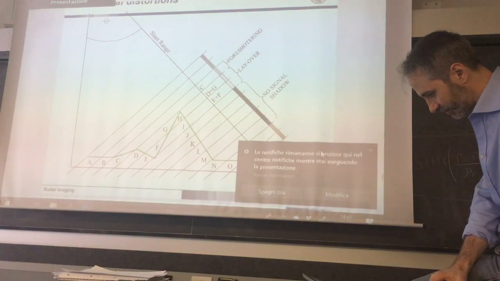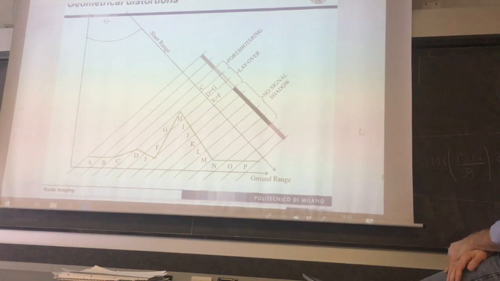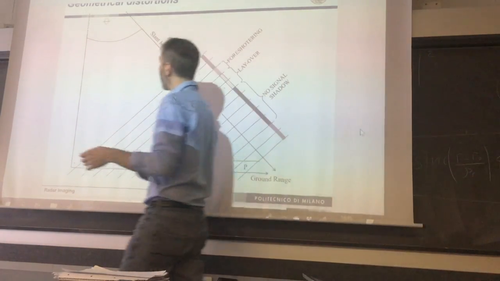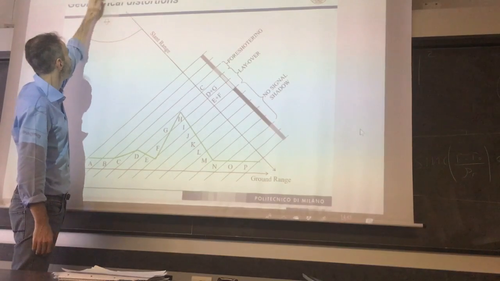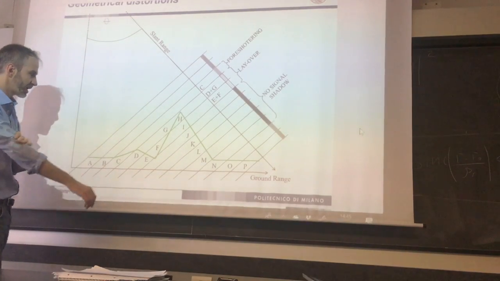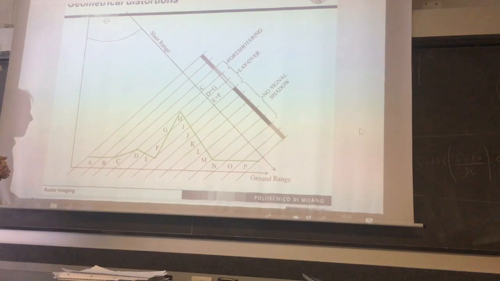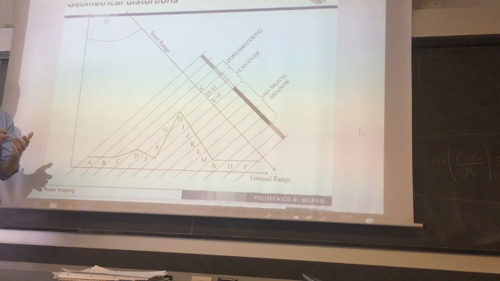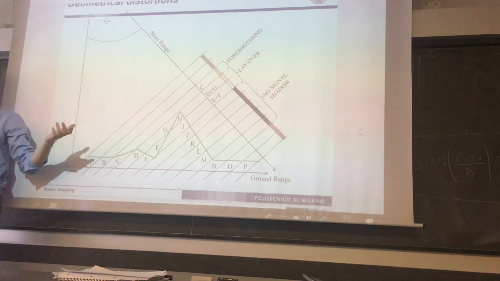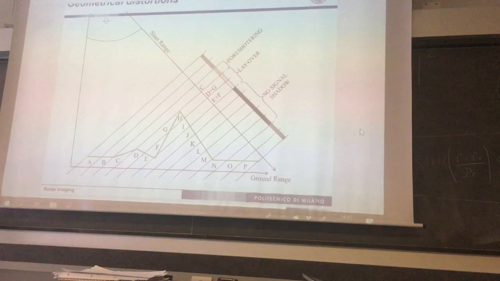So we say that a fundamental difference with respect to optical imaging is that one coordinate is represented by the distance from the instrument, which means that if you are, for example, acquiring from here, so your radar is up there and is looking at the scene from here, then you have a geometrical deformation, because the correspondence between ground range, the Cartesian coordinate we are so used to, and distance is not linear.